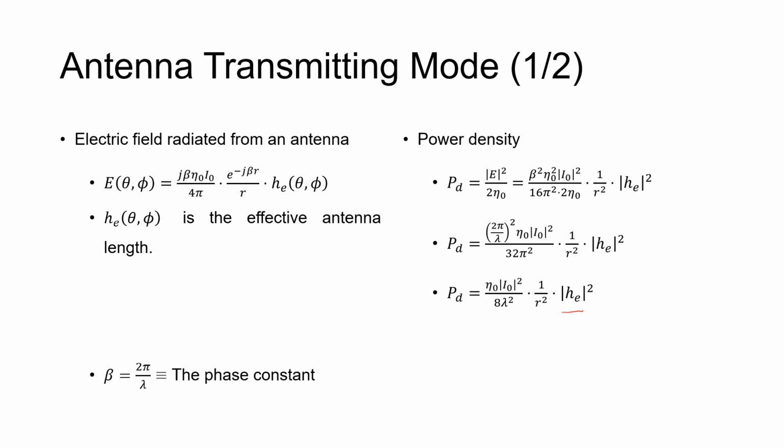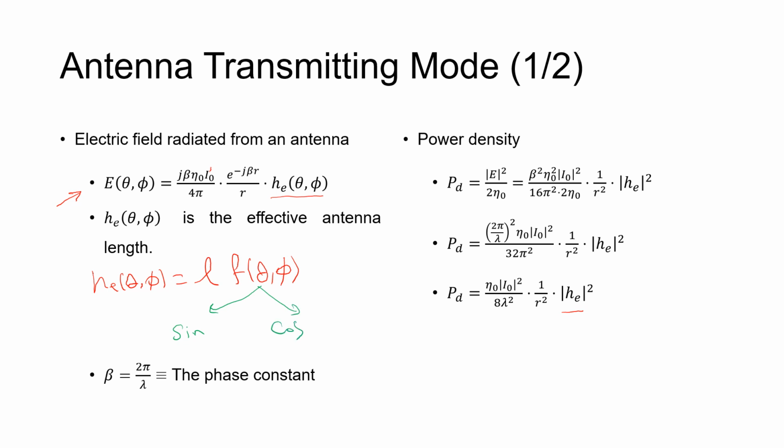Here we will start with the electric field equation, and generally the electric field equation will be a function of the current and the effective length of the antenna, and simply the effective length of the antenna is equal to the length of the antenna multiplied by some function of theta and phi, and this function is simply some sort of sines and cosines.